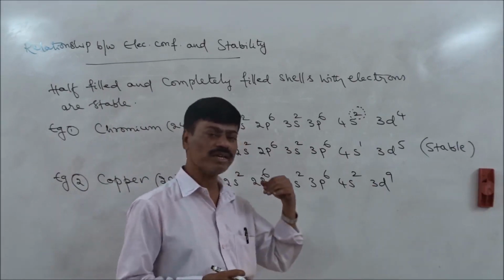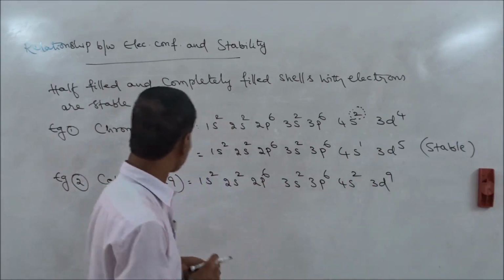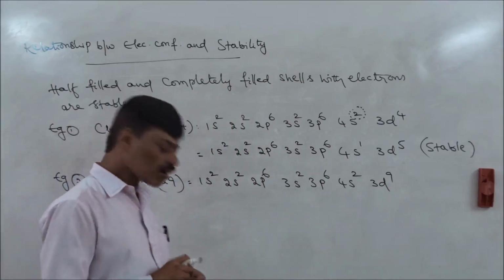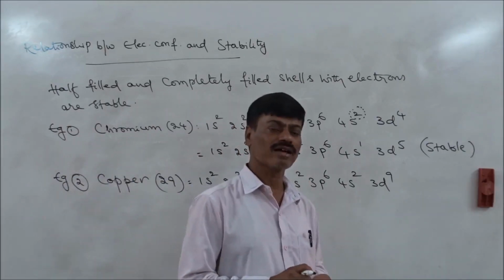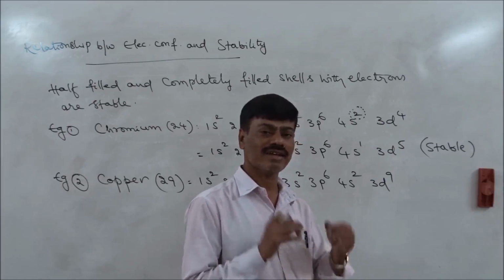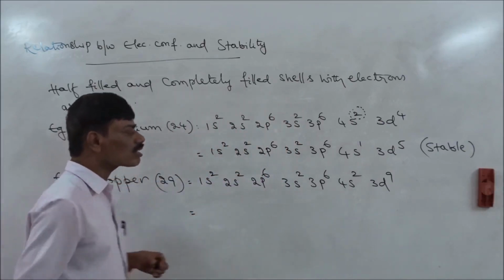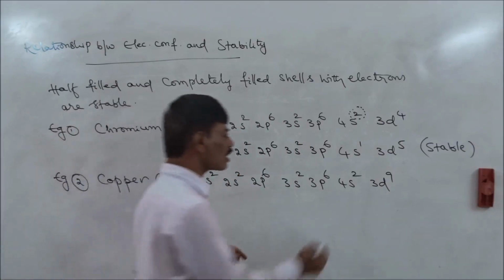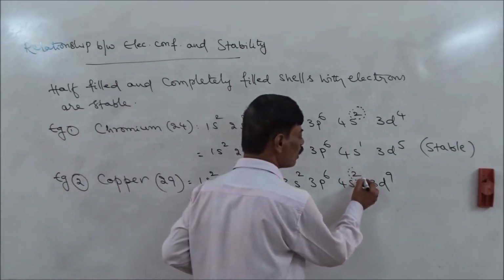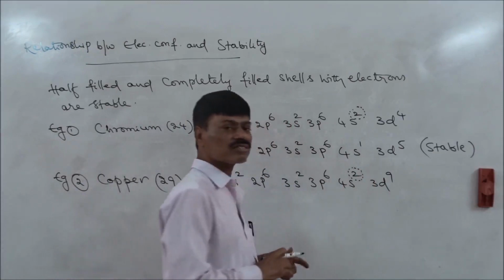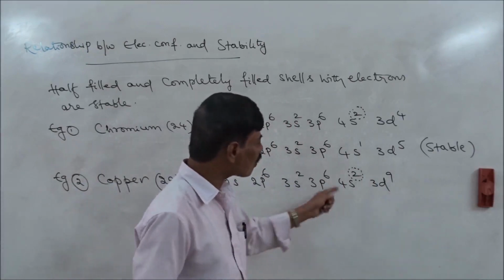So copper should be unstable, but it was practically found that copper metal is stable unless it combines with any reagent. So to account for its stability, the electronic configuration can be changed slightly like this. There are 2 electrons in 4s. We will shift 1 electron to 3d.